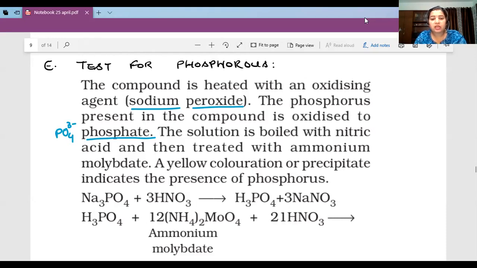So this HNO3 will neutralize it and then make it acidic. And also HNO3 is a stronger acid than H3PO4. So a strong acid will displace the weak acid H3PO4 from the salt Na3PO4. So we have H3PO4 generated in the medium.